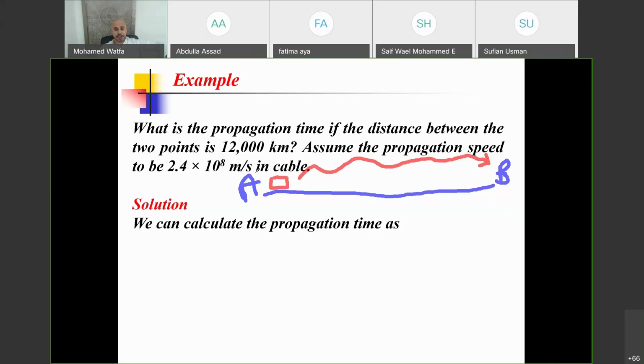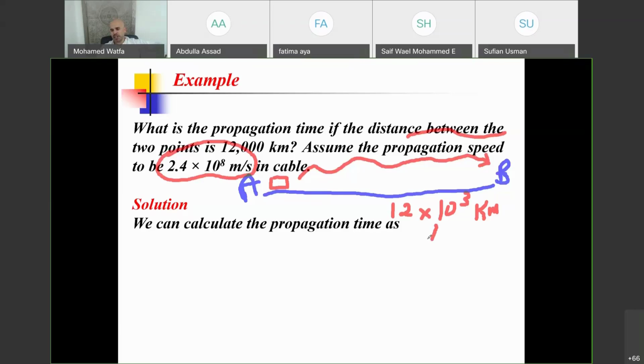If I'm sending a packet from A to B, and there is a distance of 12 times 10 to the power 3 kilometer, okay? And the speed of the signal is 2.4 times 10 to the power 8 meter per second, okay?